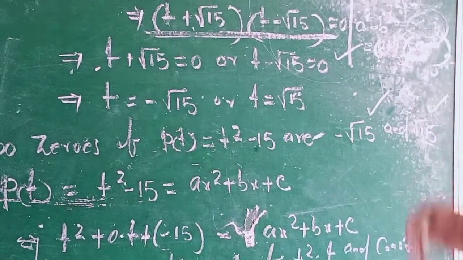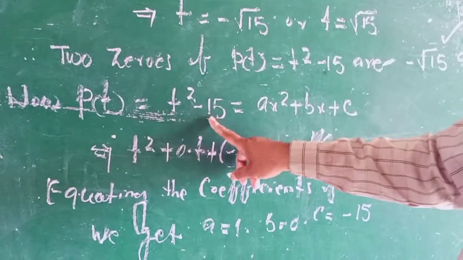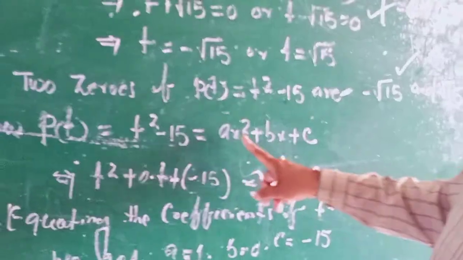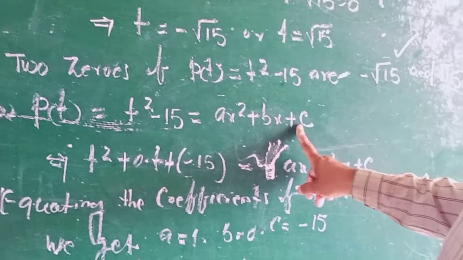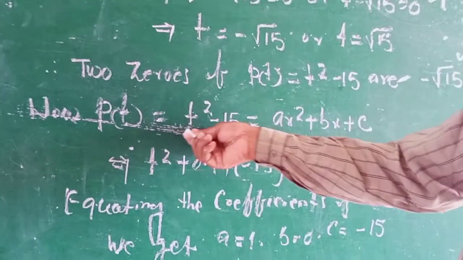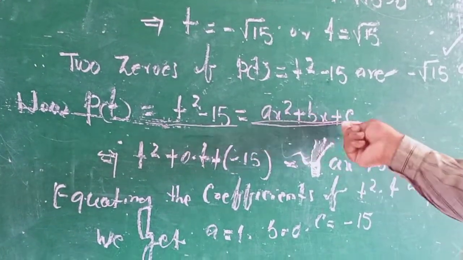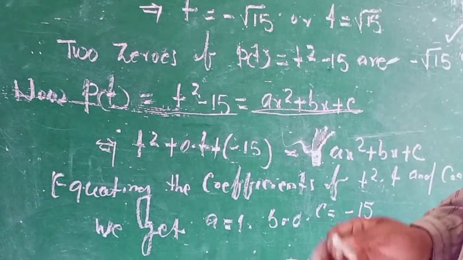Now the relation. Now put p of t is equal to t square minus 15 is equal to ax square plus bx plus c, just like we have done in the first one, because we have to write t square minus 15 in the form of ax square plus bx plus c so that a, b, c we can find.